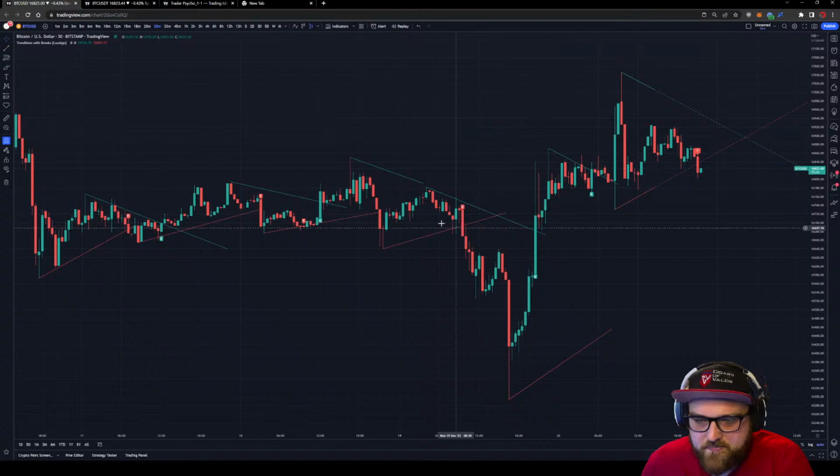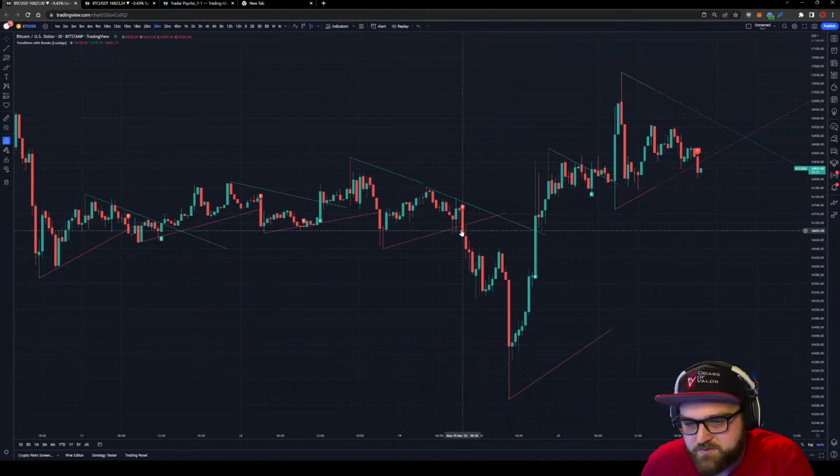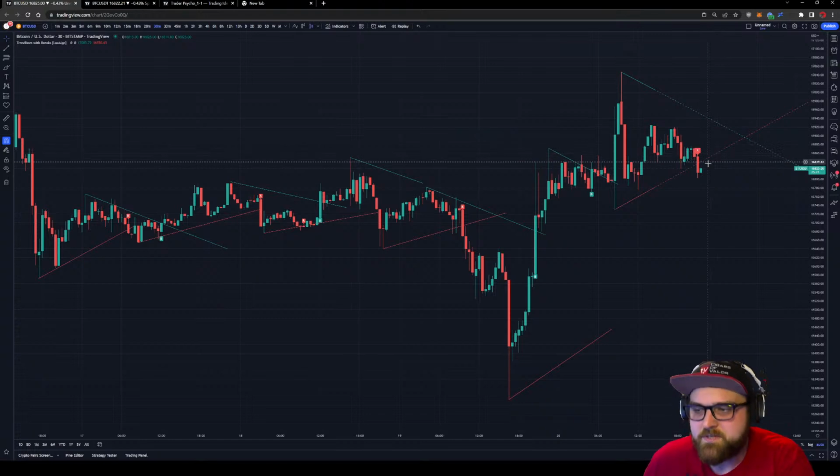Looking at this one, this was a good one. On a lower time frame, you had the break here and the retest, which could very well occur here. Hopefully it does, but sometimes it gets hairy and weird.